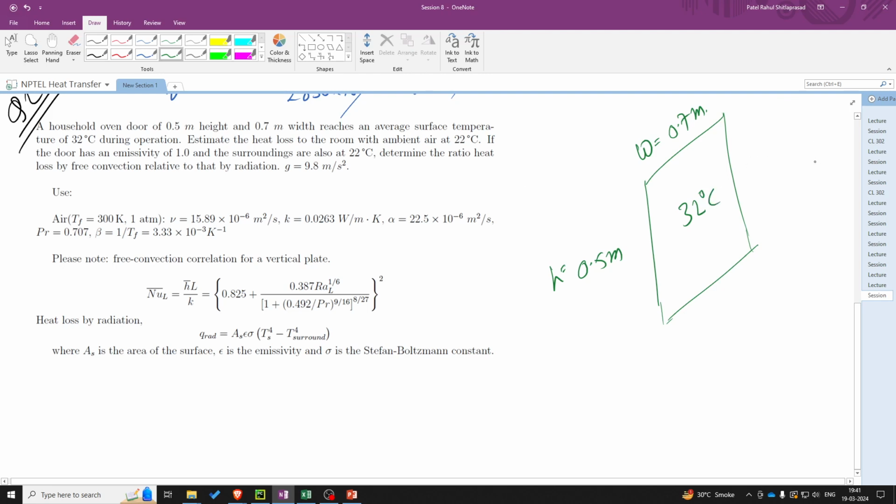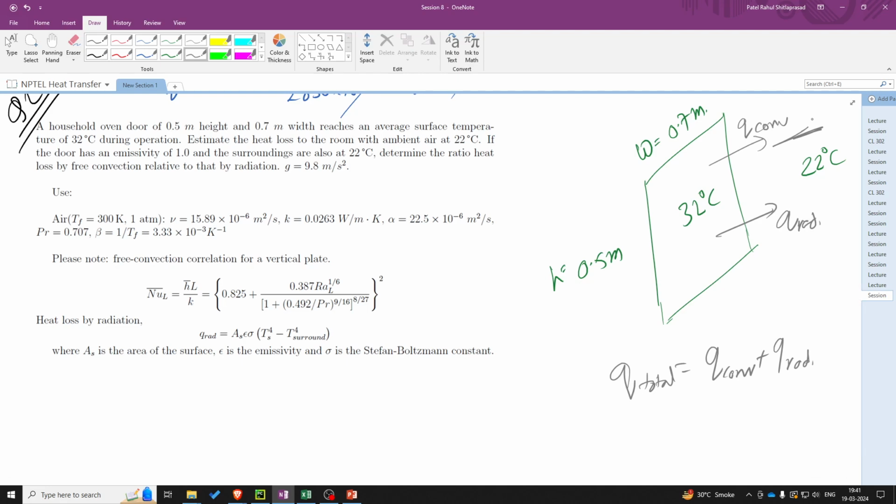The ambient air is at 22 degrees Celsius. Due to this, there will be Q convection as well as Q radiation, and Q total, that is what we have to find. It will be simply the summation of Q convection plus Q radiation. This convection will be free convection since we haven't been given the velocity at which the air is moving, so we can assume that we are having free convection over here.